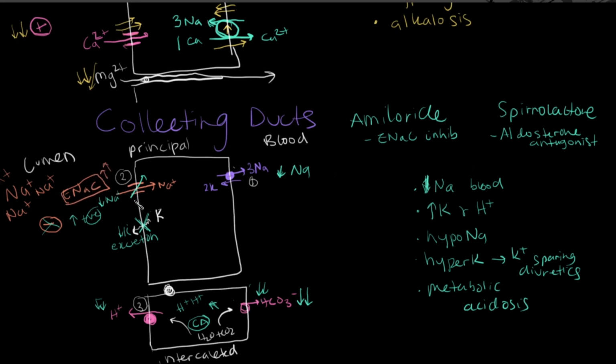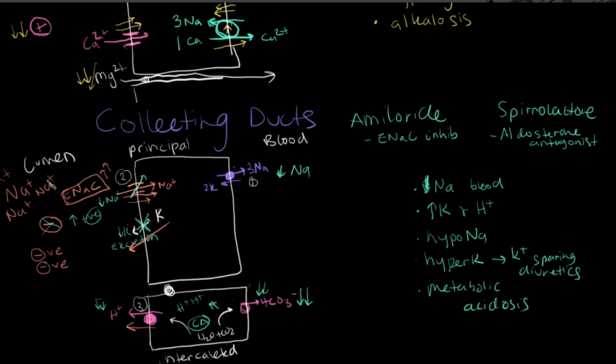And so more sodium is going to go through ENaC into the cells, and what this does is it leaves the lumen actually more negative, a greater negative charge here. This means that there's a greater gradient for the potassium to come through and leak out of these cells, and also a stronger gradient for the hydrogens to also be excreted by this ATPase.